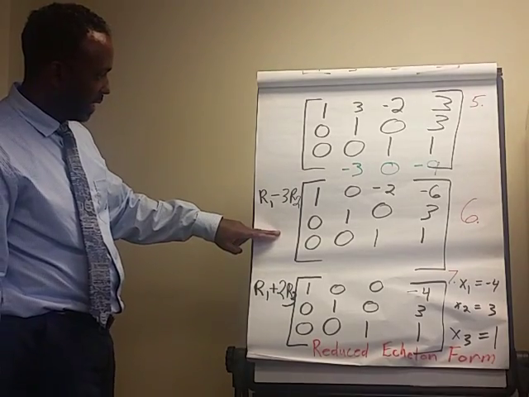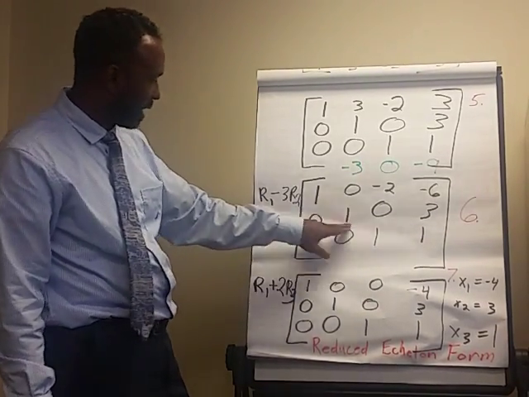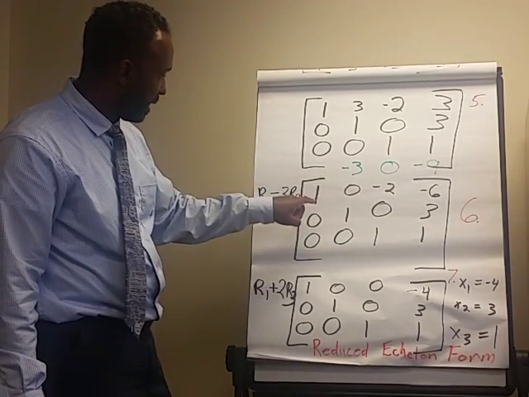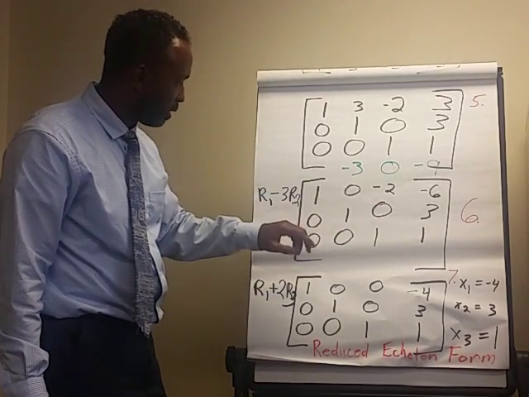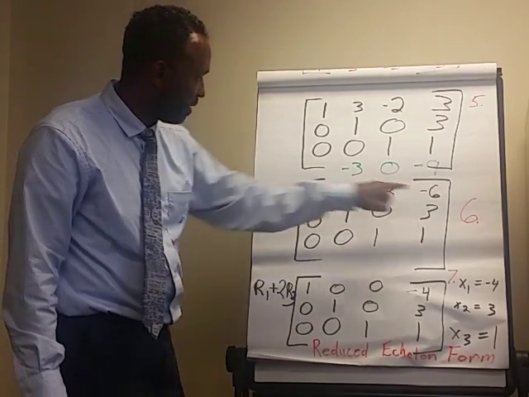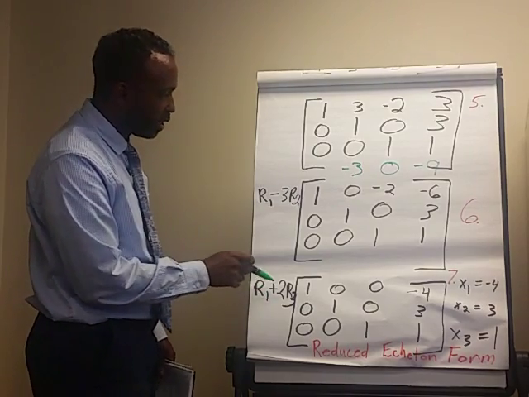We've got our x3 is 1 here, we've got our x2 is 3 here, and the only thing keeping us from seeing reduced row echelon form is this -2. To get this to be 0 so we can see our x1 variable and the answer over there, we're going to take row 1 and add it to 2 times row 3.